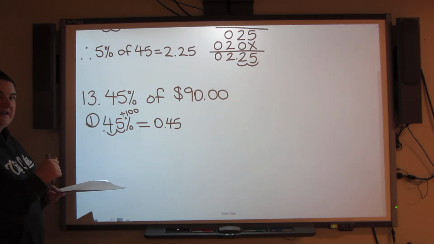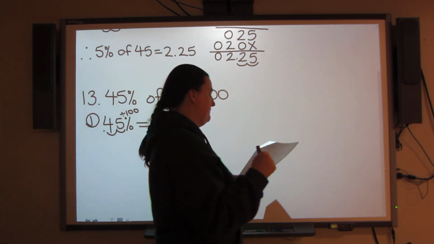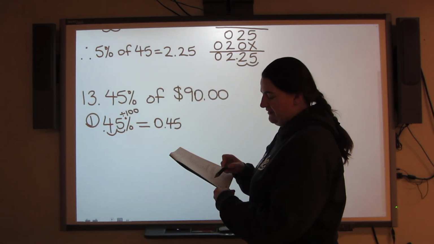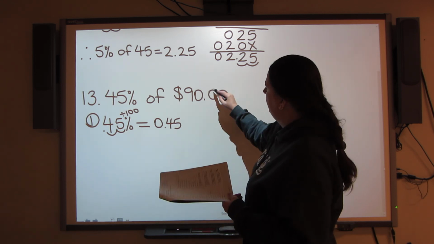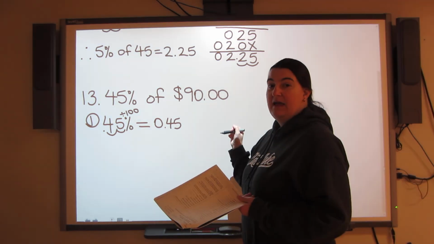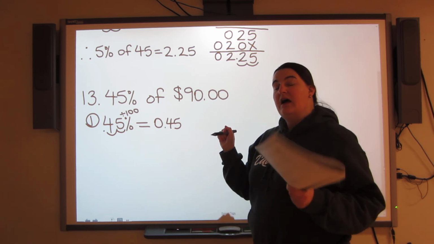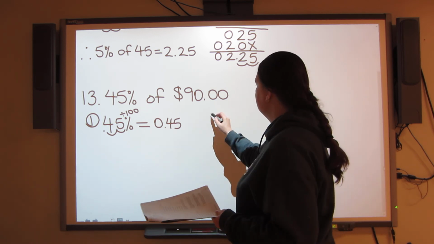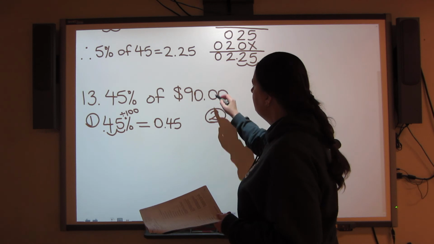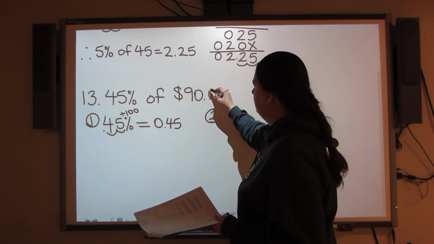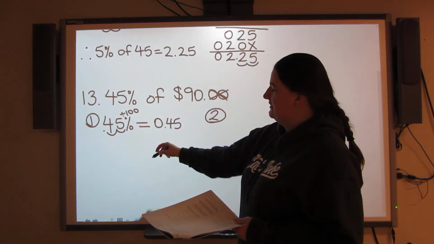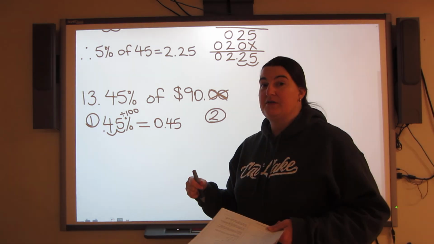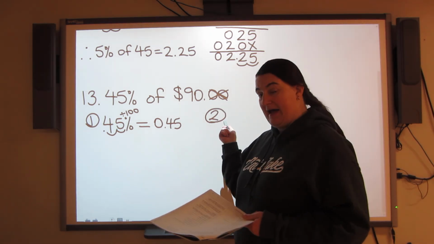Here's where the difference comes in. When you're dealing with money, you'll notice that 13, 15, 16, 17, and 18 all have zeros here. I want you to keep that in mind. When it comes to doing step 2, you don't need to include the zeros. When it comes to writing your answer, we will put those cents back in.